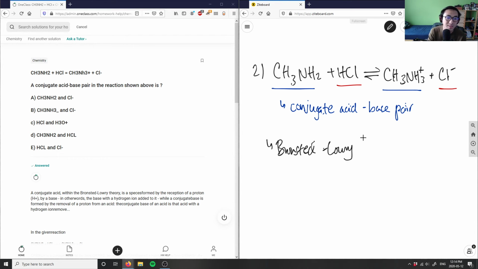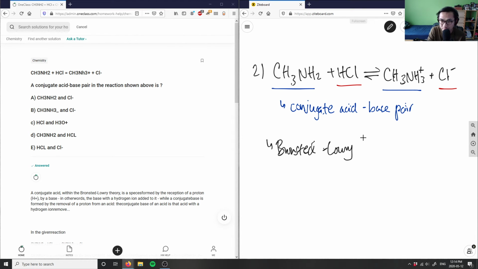Bronsted-Lowry acid or base theory states that if I'm losing a hydrogen here, it becomes an acid. If I'm hydrogen donating, I would be an acid, and hydrogen accepting, I would be a base, right?